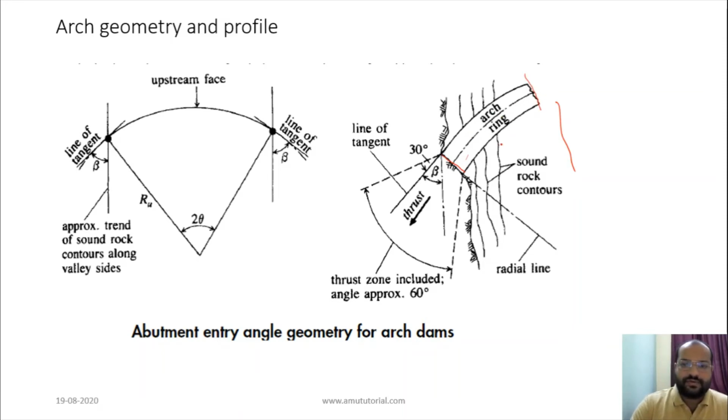Since the main stability is due to the thrust of the arch into the abutment, the abutment should be very strong. It should not yield. If there is a slight yielding of the abutment, the dam will fail. So there should not be any yielding of the abutment.